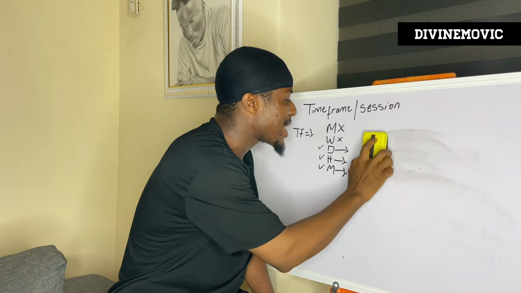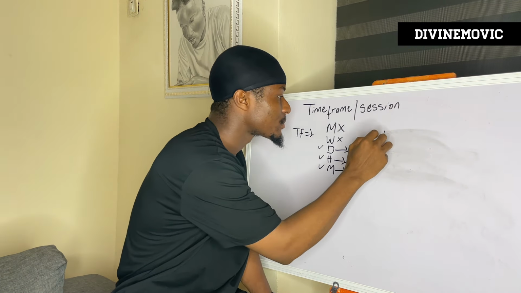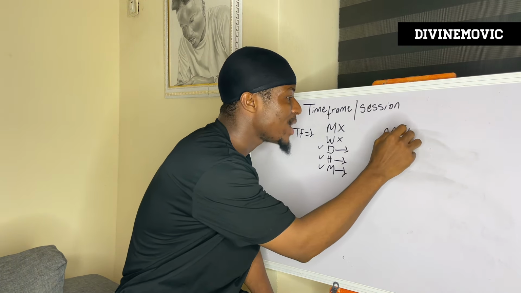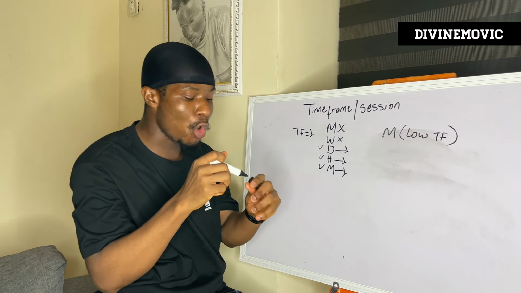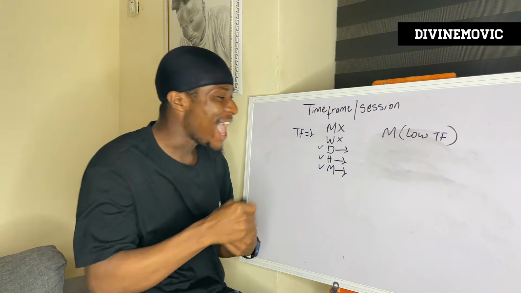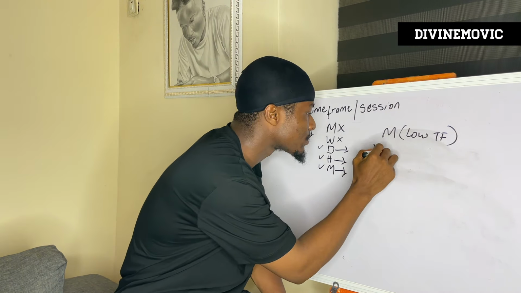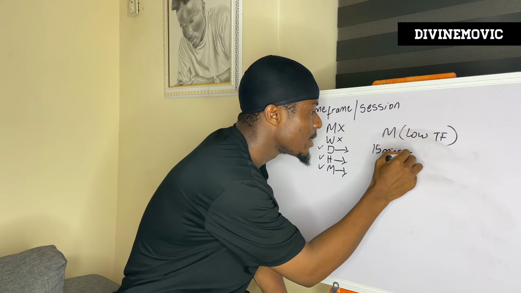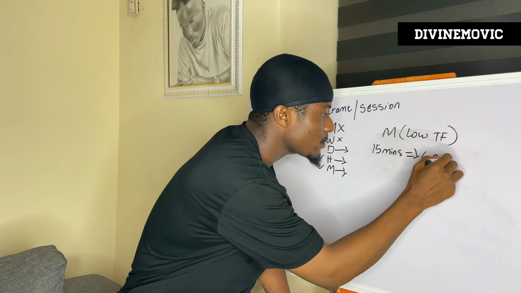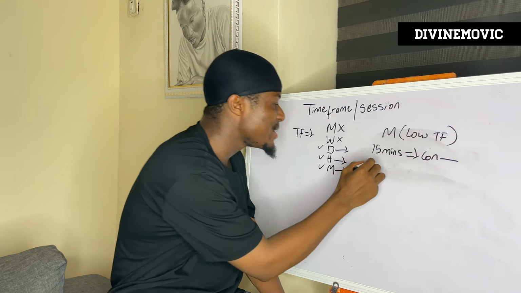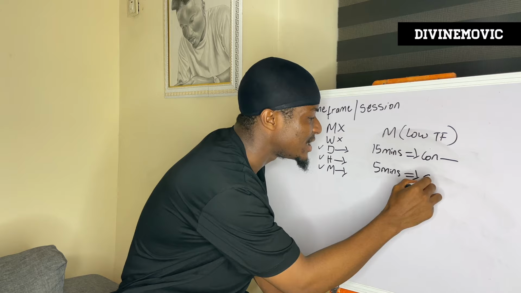Anything below the 1 hour time frame is referred to as lower time frame. Now, what we want to do on the lower time frame is entries and confirmation. Now we have the 15 minute time frame, which serves as a confirmation, and we have the 5 minute time frame, which serves as an entry.